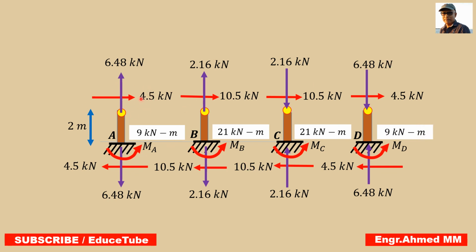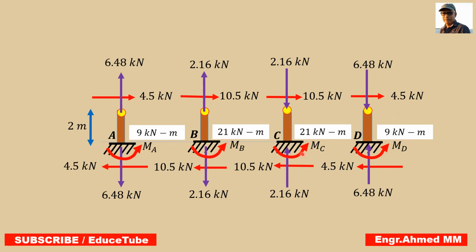Now as I know this force 4.5 multiplied by 2, I get 9 moment. 10.5 multiplied by 2 it will be 21 kilonewton meter moment at this support. Again 10.5 multiplied by 2, 21 kilonewton meter, and 4.5 multiplied by these two, it will be 9 kilonewton meter.